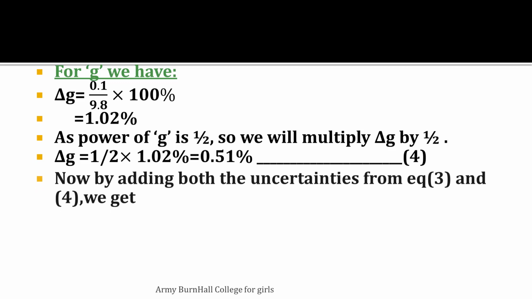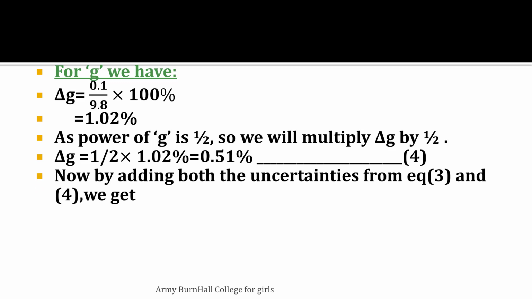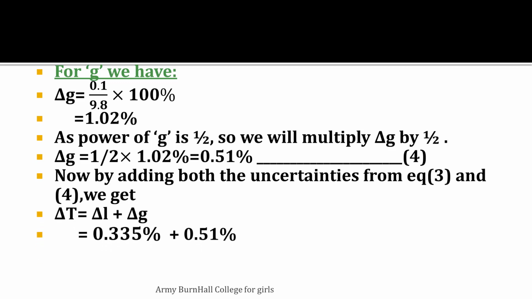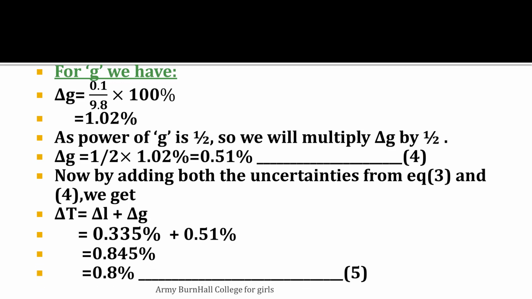Equation number 3 and equation number 4 are giving us percentage uncertainties. So for uncertainty in time period, we will add these two uncertainties in equations 3 and 4. Delta T is delta L plus delta G, that is 0.335% plus 0.51%, that is 0.845%, and we will round it off up to one significant figure.